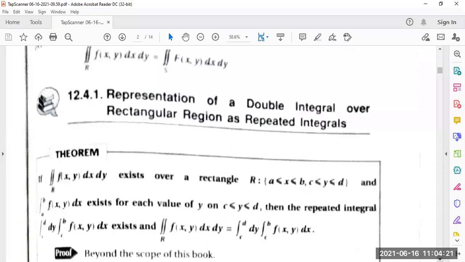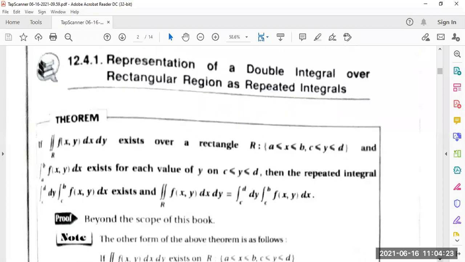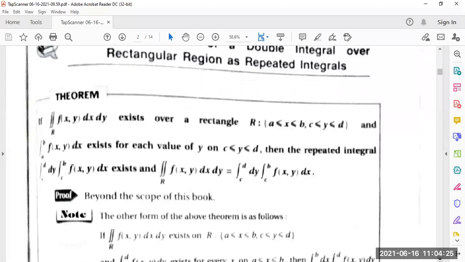Now, representation of a double integral over a rectangular region as a repeated integral. I have already told you, repeated integral means if the double integration of f of x,y dx dy exists over a rectangle R, so that x goes from a to b and y goes from c to d, and a, b, c, d are different, so it is a rectangle.